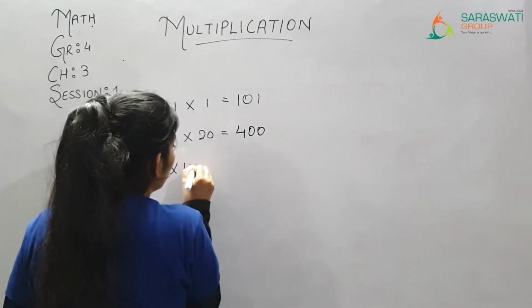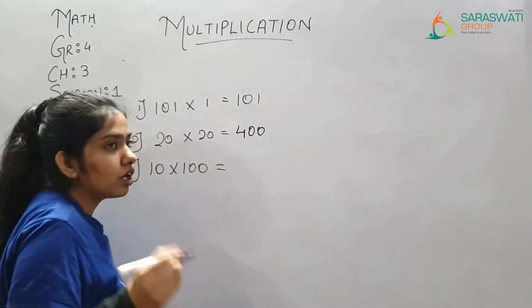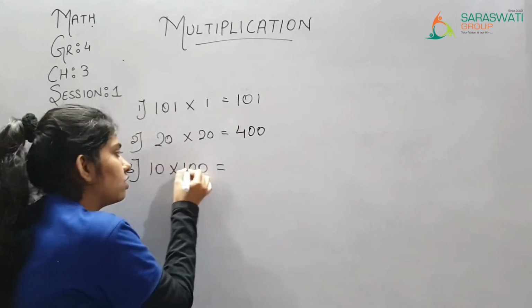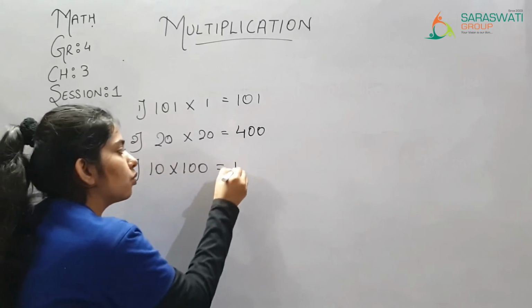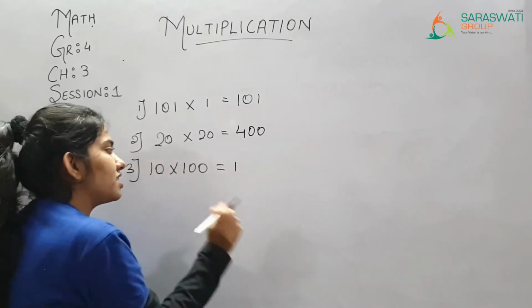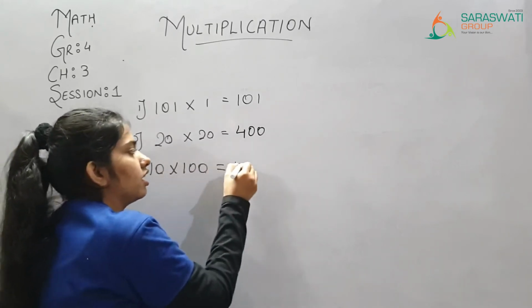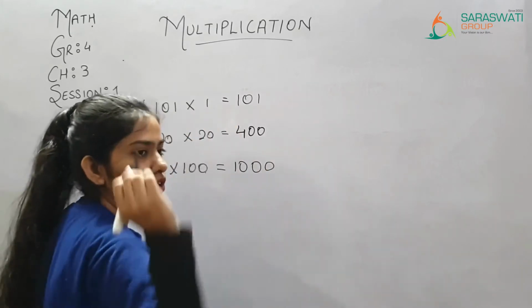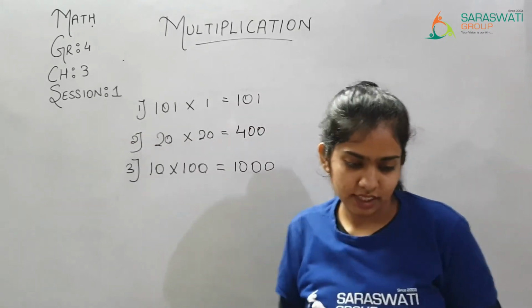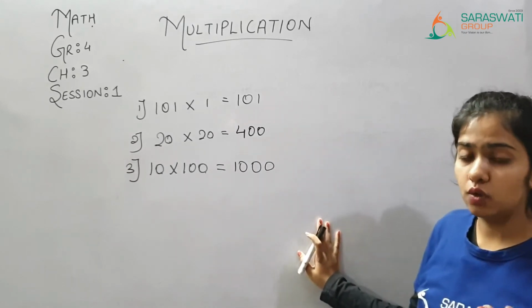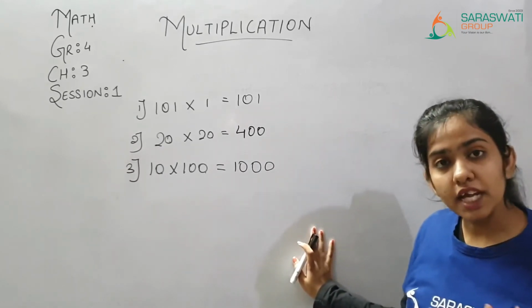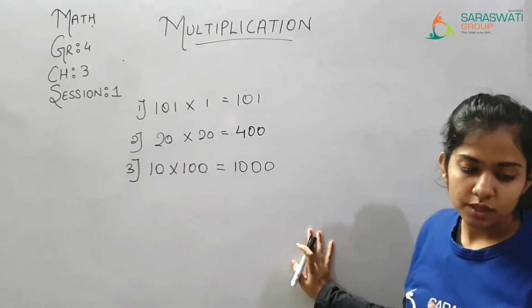10 into 100. For 10 into 100, we put the zeros on one side. Now 1 into 1 is 1, and how many zeros are there? 1, 2, 3. So 3 zeros. See, in this way you are supposed to solve the question, rather than multiplying using pen and paper.